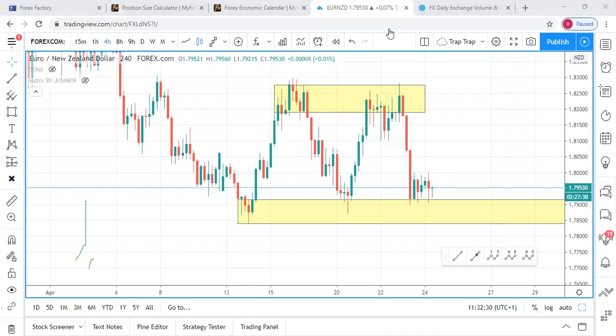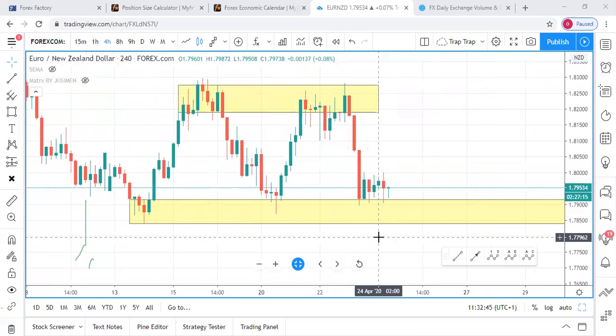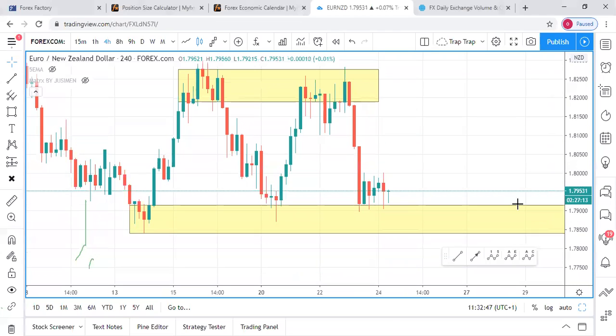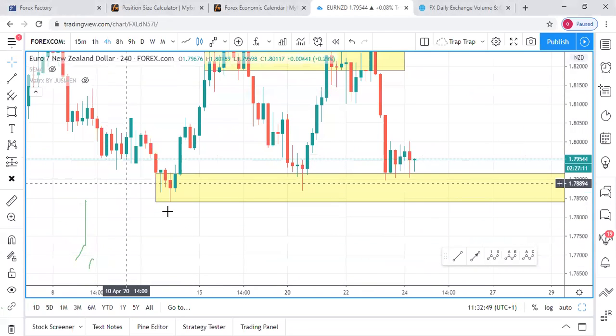Hello, sir. The zone that we put into consideration, what do we use to determine the zone, or do we just assume that zone? Yeah, very good question. I just gave you a way of determining the zone. Take, for instance, Euro NZD.